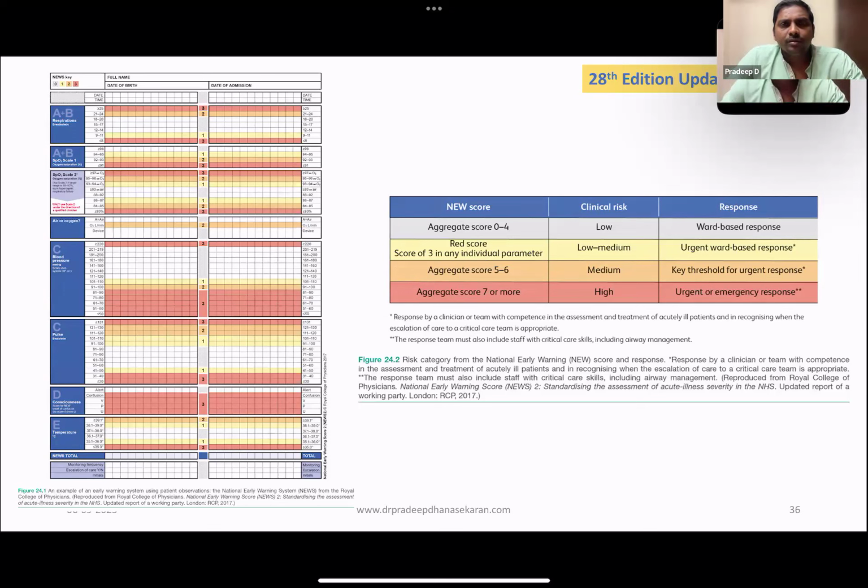It is used in Western countries to identify patients who might require an immediate response or a shift to ICU. It's a score that has been developed to prime the staff about when to call upon the doctor or the intensivist for an appropriate response to the patient.